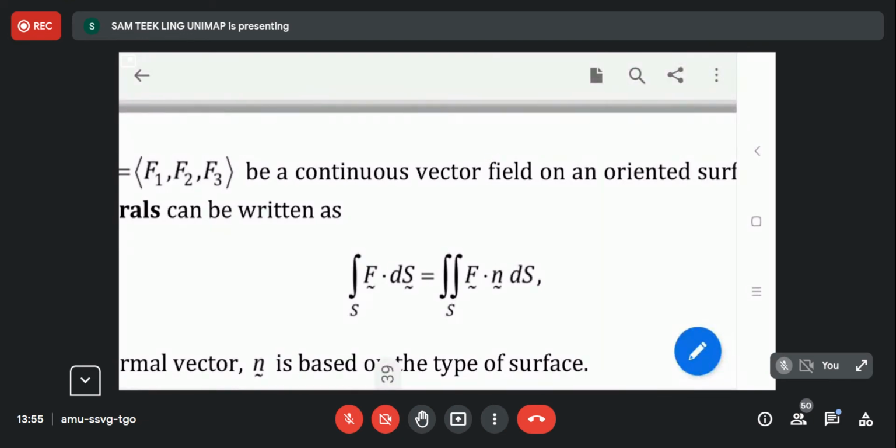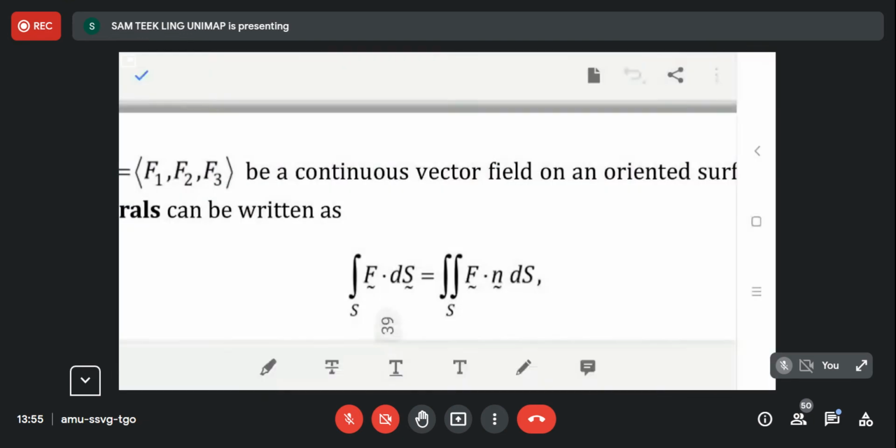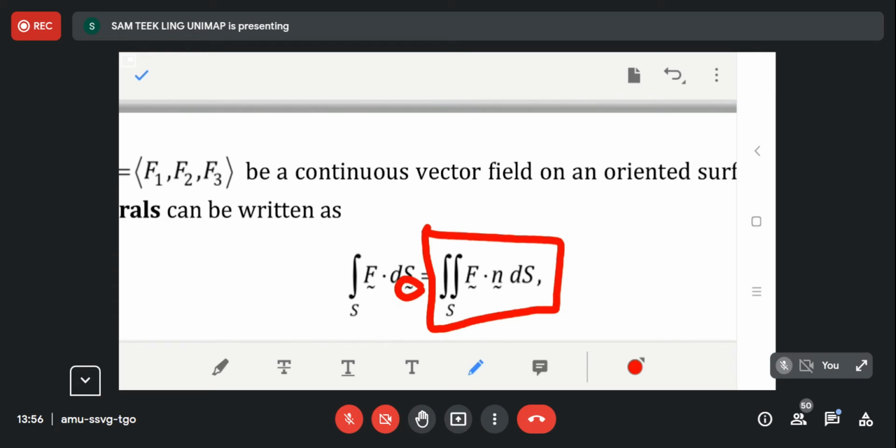The question can give you F dot S or F dot n dS. You can see this one has a vector. We won't use this one. We will use this one only to solve.